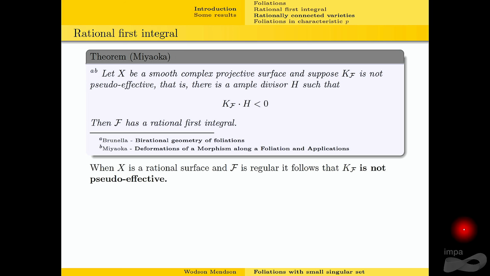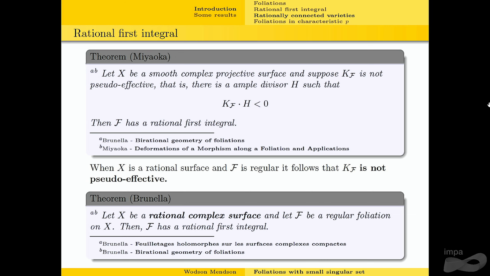When X is a rational surface and F is irregular, we can show that the canonical bundle is not pseudo-effective. In particular, we have this theorem by Brunella: on a rational complex surface, a regular foliation has a rational first integral, with infinitely many algebraic invariant curves.